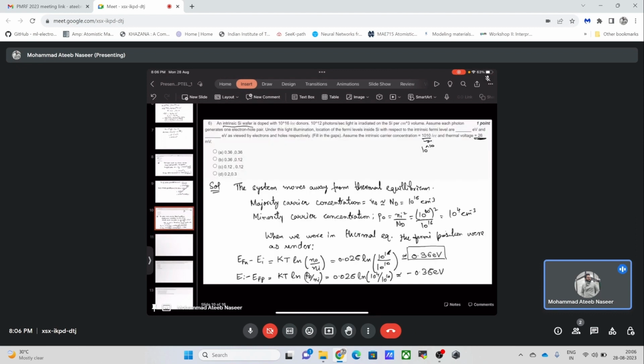Now, since we have illuminated the light, we have used some external source. As a result, we have electron hole pair generation. 10 to the power of 12 photons are irradiated on the material, and each photon generates one electron hole pair.